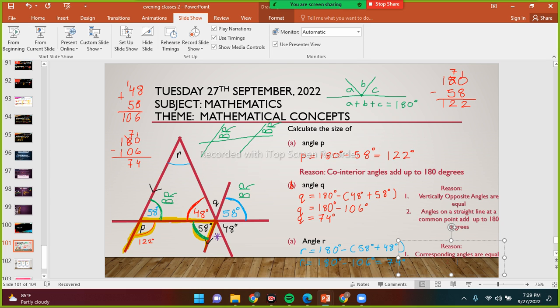And the second reason is because angles in a triangle add up to 180 degrees.